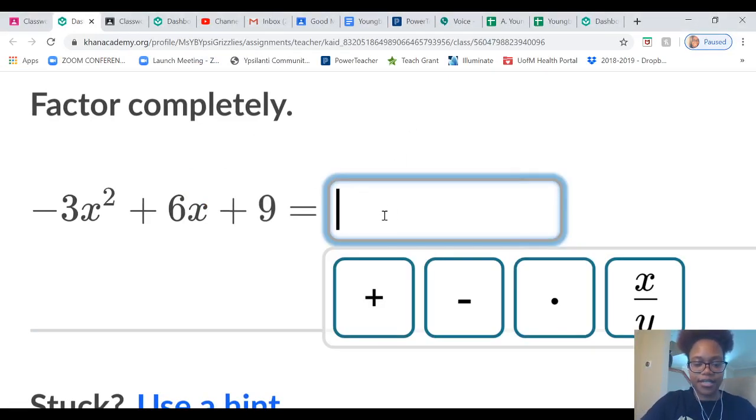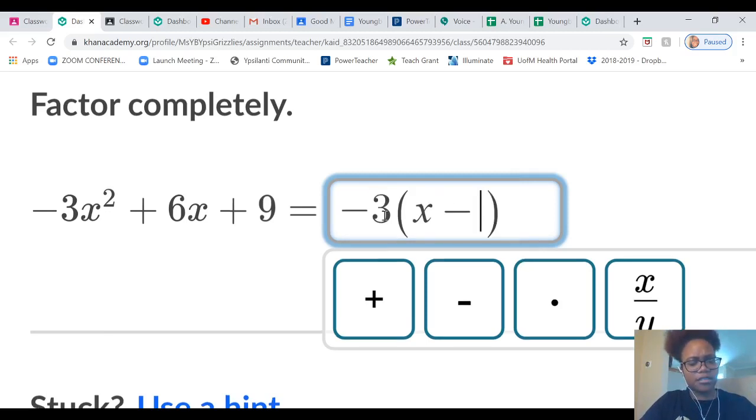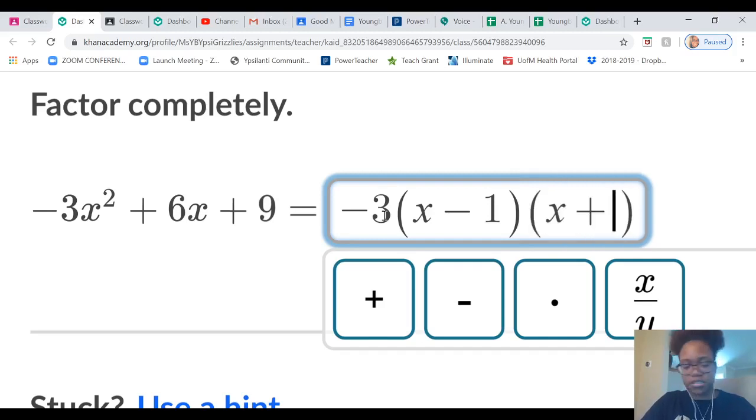So we said we had negative 3 times x minus 1 times x plus 2. Honestly, don't remember.